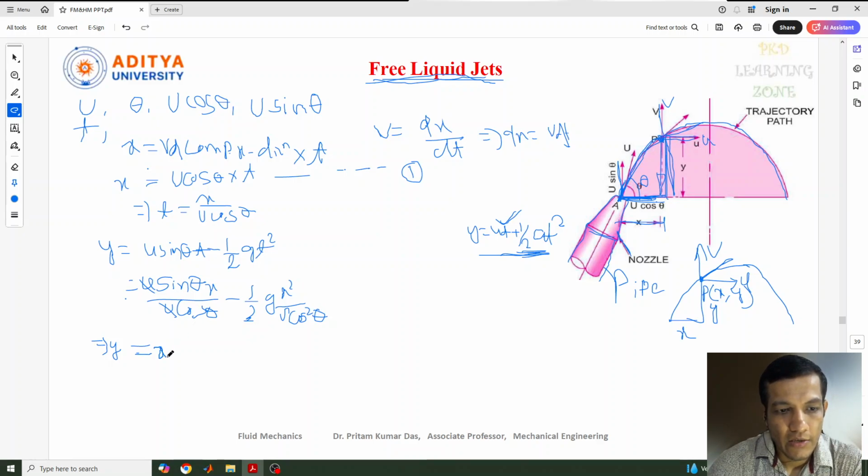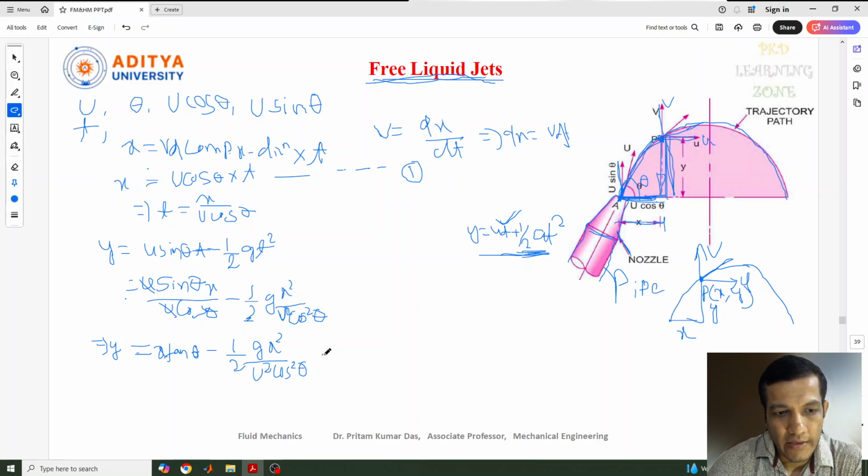So x tan theta minus, here I can write 1 by 2 g x square by u square cos square theta. So this one, again 1 by cos square theta, we can write here also sec square theta.